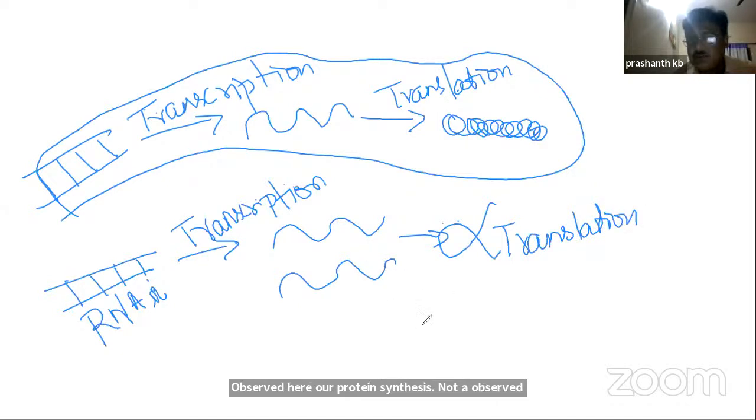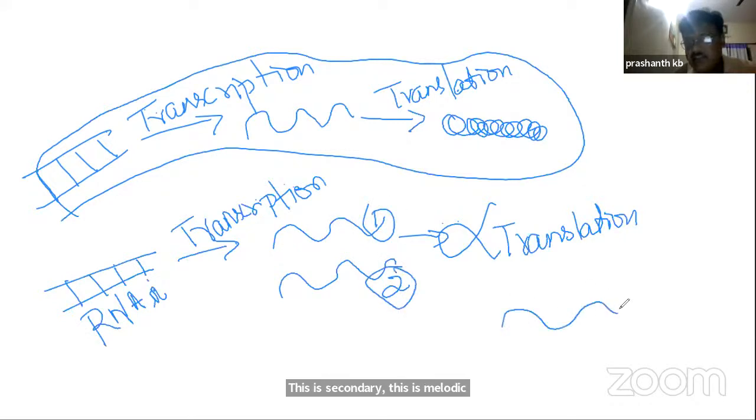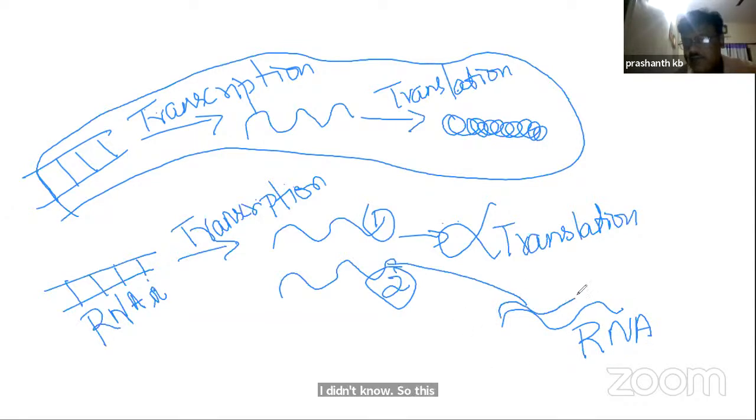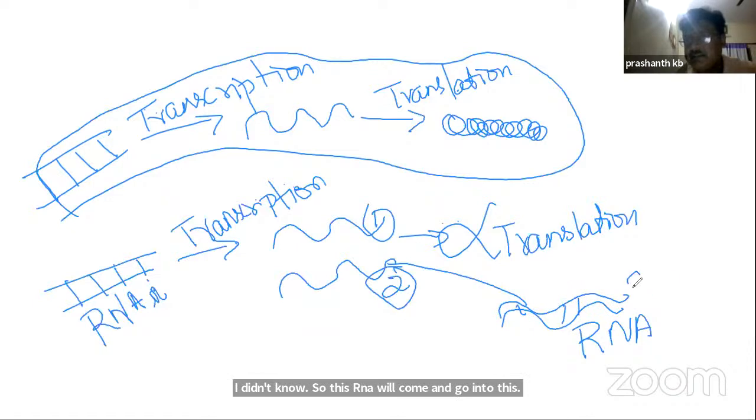So what this will do, this is one RNA, this is the second RNA. This is Meloidogyne incognita RNA. Imagine this one as the RNA of Meloidogyne incognita. So this RNA will come and bind to this. So here, a peculiar way of saying it is a double-stranded RNA now.